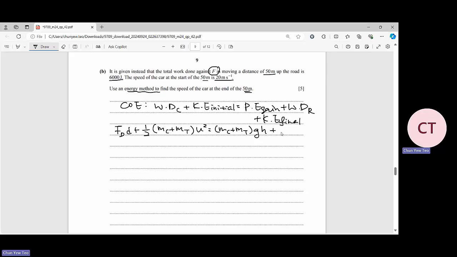The work done by the resistance is the work done against F by the trailer, which is 6,000 joule.